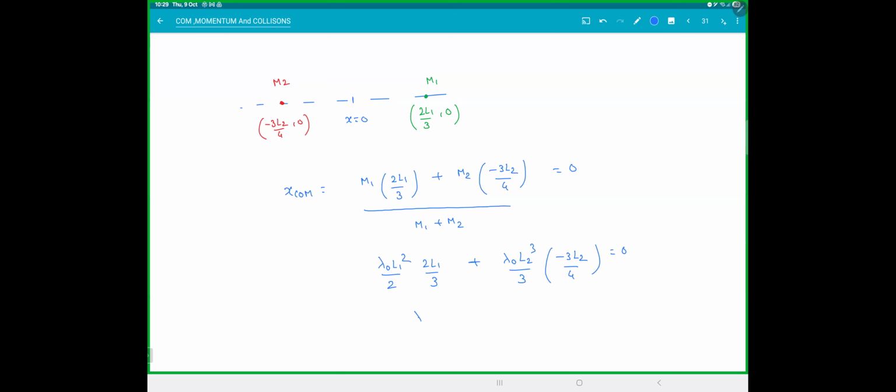The 2 will cancel. Lambda naught also will cancel. L1 cube by 3 equals L2 power 4 by 4. Check. So if this condition is satisfied, then the center of mass will be at X is equal to 0.